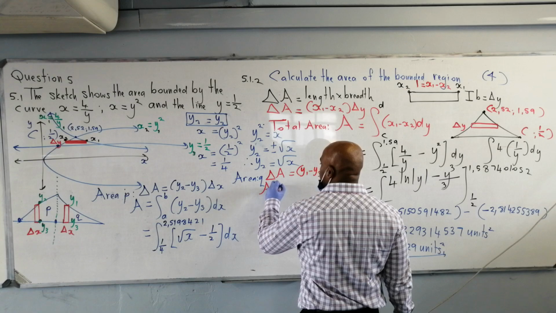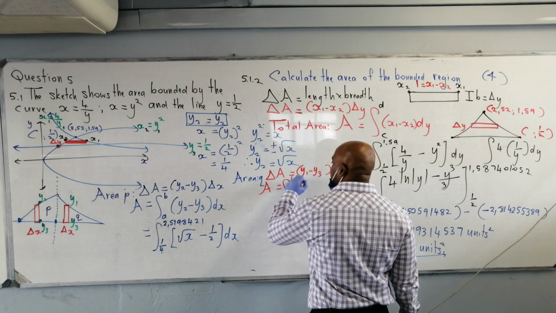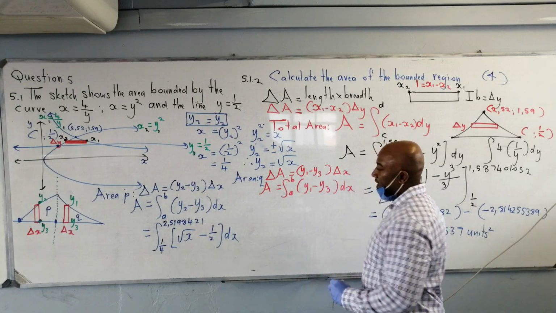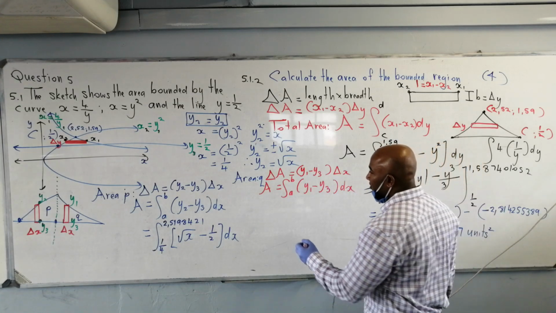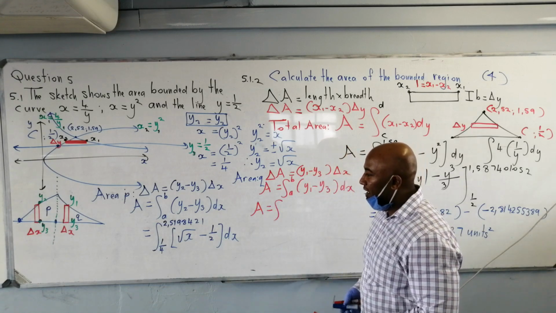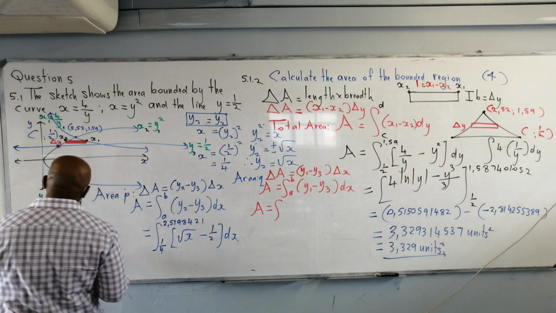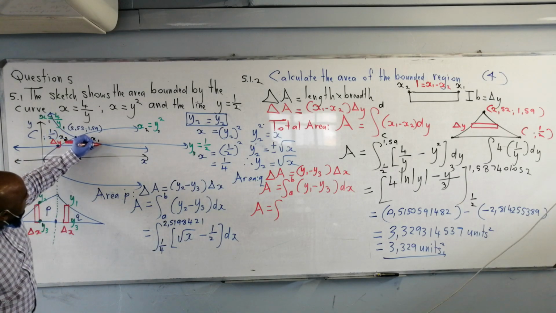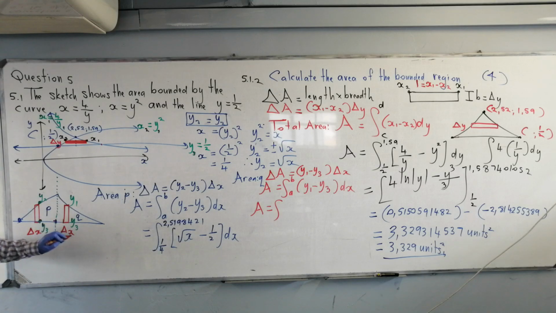So then total area, you're going to integrate B and A, y1 minus y3 with respect to x. So now, your area is going to equal to, what's my B and A? Now let's go back to the diagram. So it's this point here, and this point here.